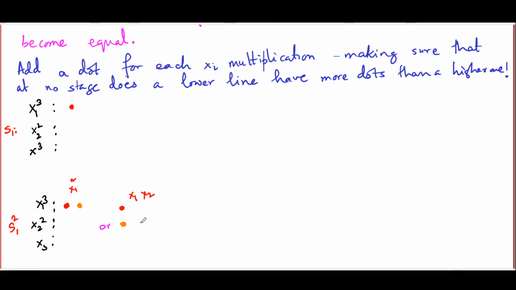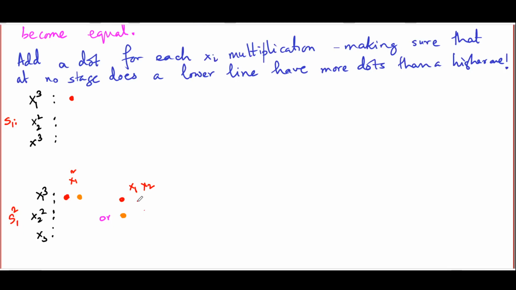What you cannot do is put a purple dot here because that would end up giving you 2 dots here compared to 1 on the higher line. So S1 cube essentially will give you these 3 possibilities. 2 dots already were there, you have put the third here, and here, starting with these 2 dots already, you have put the third dot here or down below here.